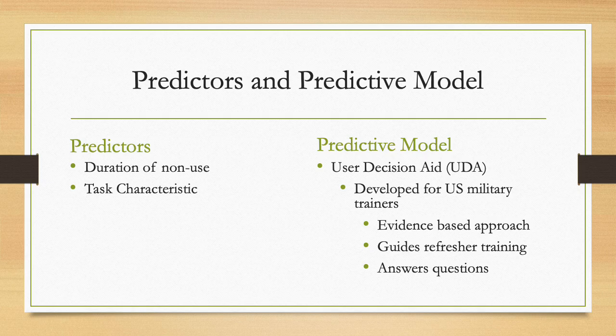What percentage of operators will be able to perform a task accurately after several months? We can make that 2, 3 months, 6 months, 9 months, 12 months without practice. Additionally, when and how often should we conduct sustainment training to end up helping us?